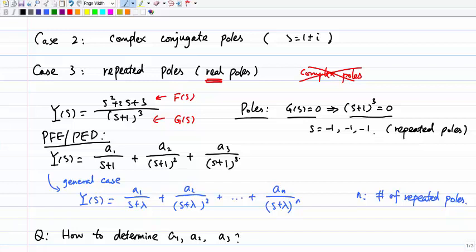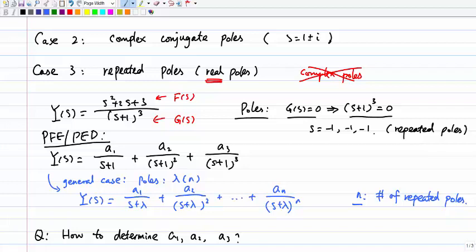For a general case, assume the poles are lambda, and we have n of these poles being lambda. Then Y(s) can be decoupled as a1 divided by (s plus lambda), plus a2 divided by (s plus lambda) squared, and so on until an divided by (s plus lambda) to the nth power. Here n is the number of repeated poles.